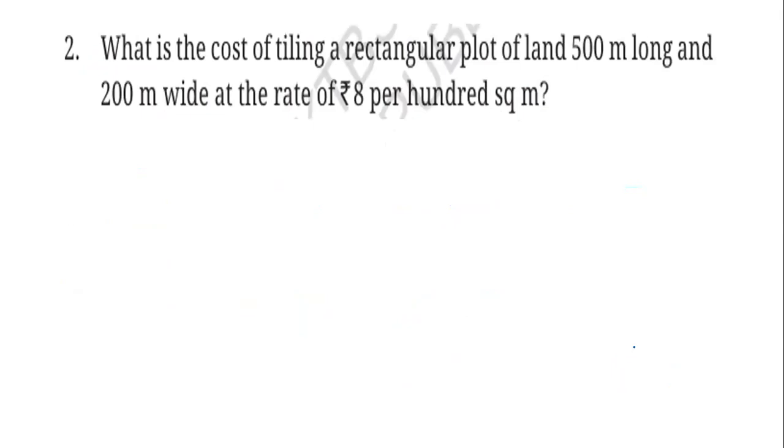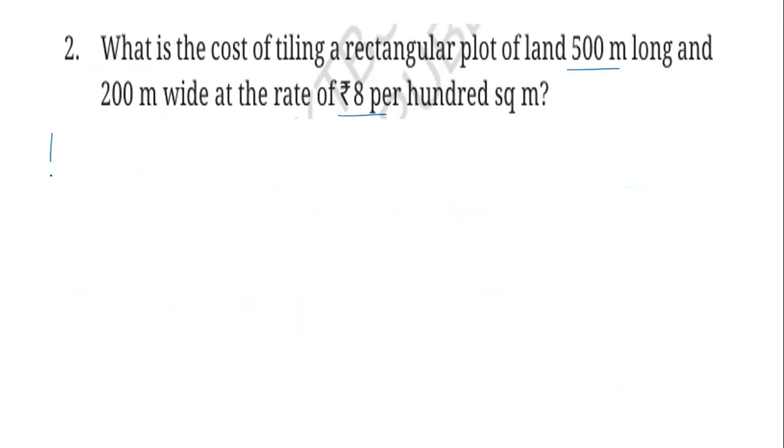Next, second question. What is the cost of tilling a rectangular plot of land 500 meter long and 200 meter wide at the rate of 8 rupees per 100 square meter?